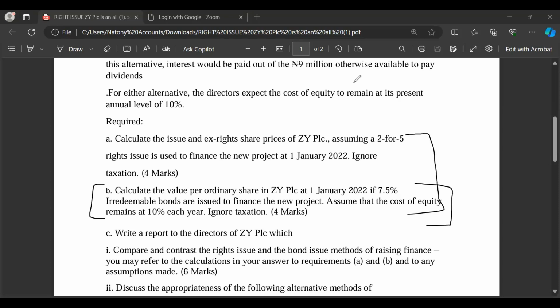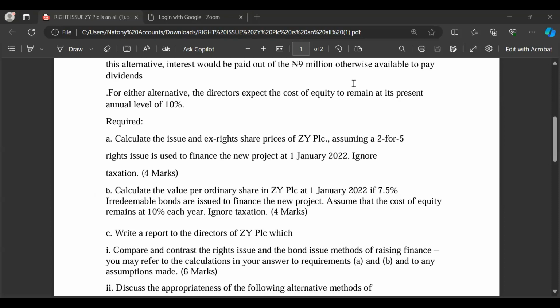Okay, let's go back to the question requirement A. Now this is a 2 for 5 rights issue. How many shares does the company currently have?